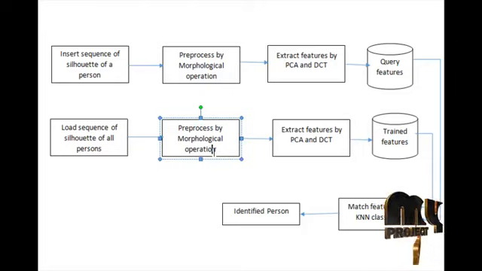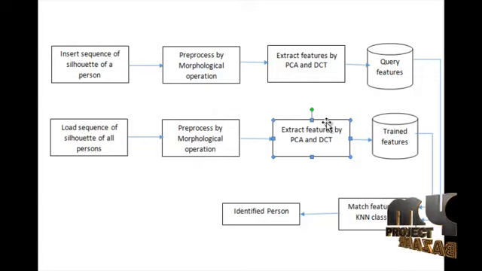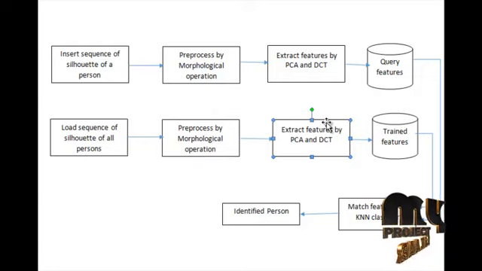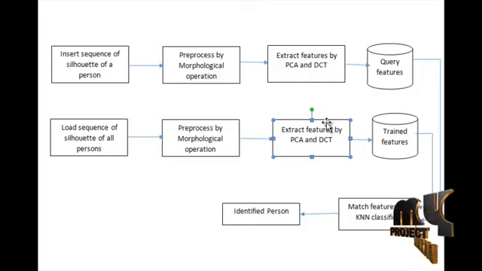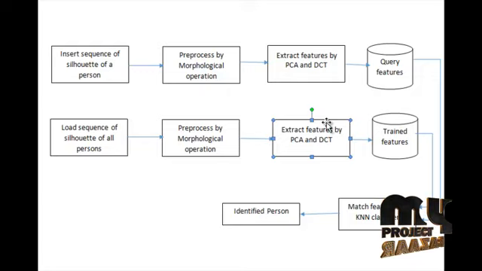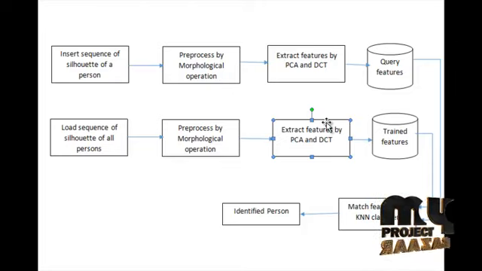Then we perform the DCT and PCA feature extraction methods for all the images. Morphological operation performed images are used for feature extraction. PCA extracts the eigenvector values and DCT extracts the cosine transform values.